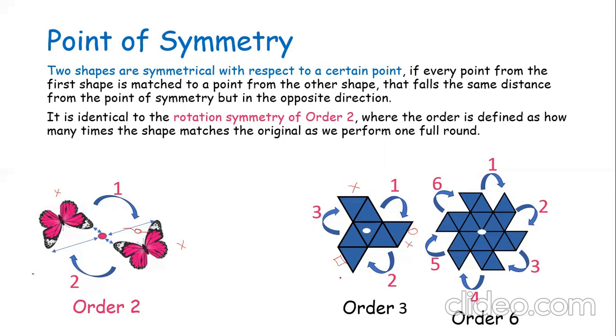After 2 turns, it will be here. And then after 3 turns, it will return back to its first position. So we call this rotation symmetry of order 3. And here same, but it's a rotation symmetry of order 6.